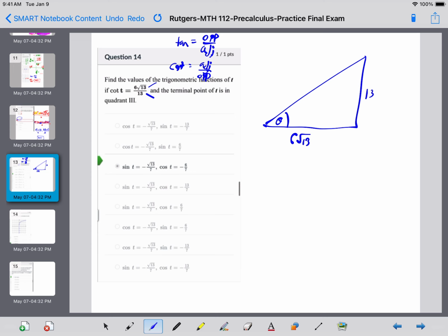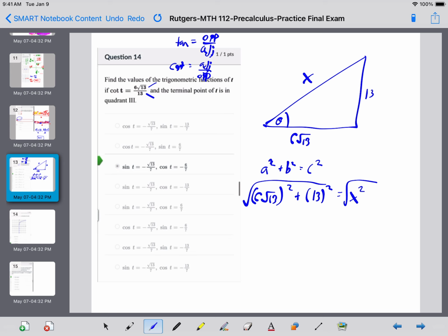And since we're doing all the trig functions, we're going to need our hypotenuse. So we use Pythagorean's theorem. 6 radical 13 squared plus 13 squared equals x squared. Take the square root of both sides.